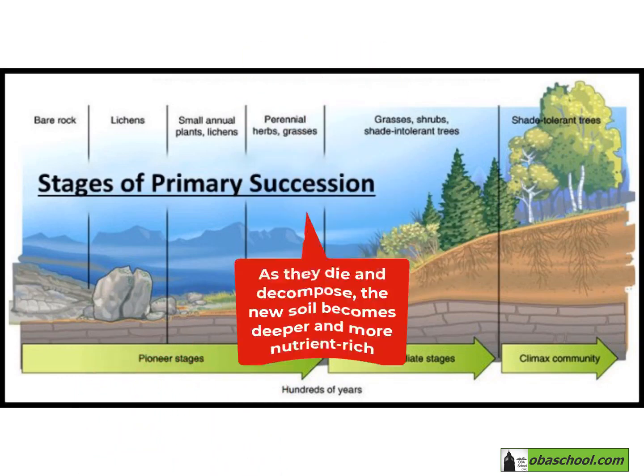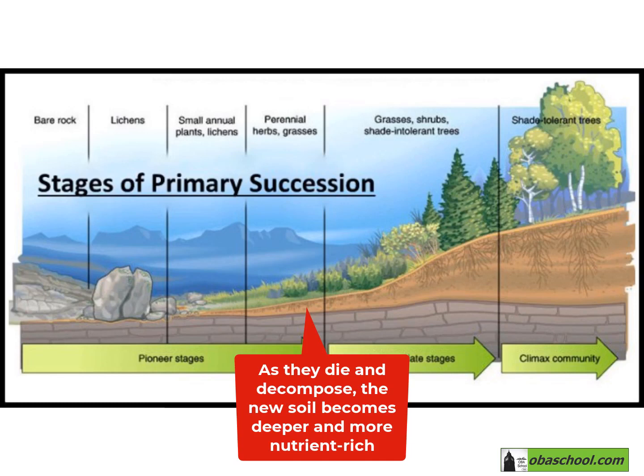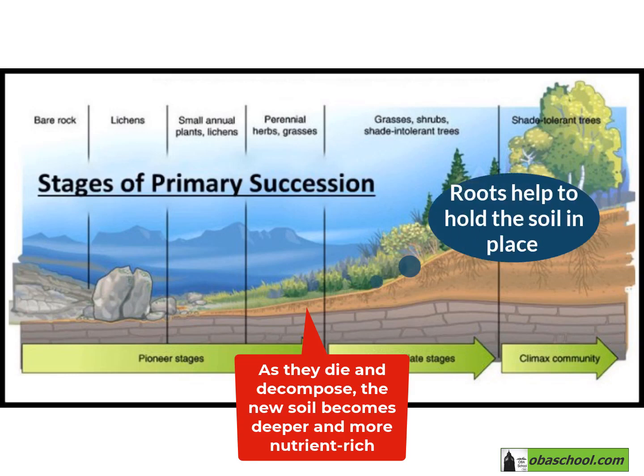Now, as these small plants and shrubs die and decompose, the new soil becomes deeper and more nutrient-rich. And the roots of these small plants and shrubs also form a network that helps to hold the soil in place, thus preventing it from being washed away.